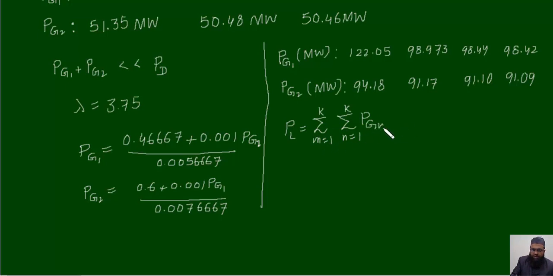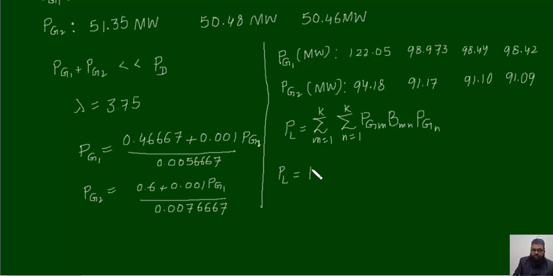So PG, we have taken M, so write here M, B Mn, and PG, the second one is N. We have a two plant system, K is 2 here. So for our system, substituting the values of B12, B11, B22 like that, we will write PL for two plant system, M is equal to 1 to 2, N is equal to 1 to 2.